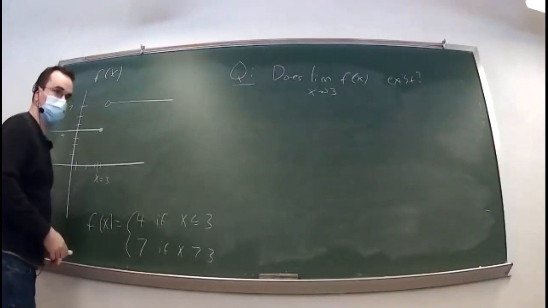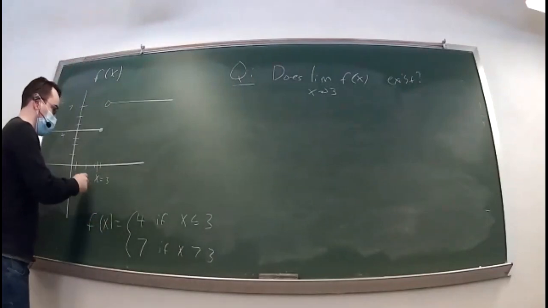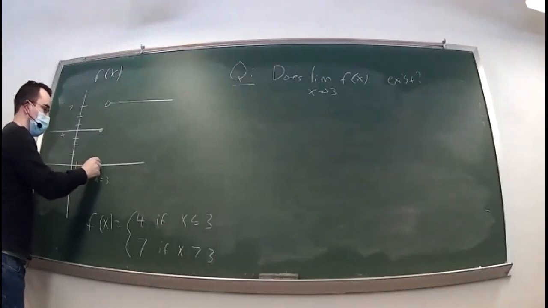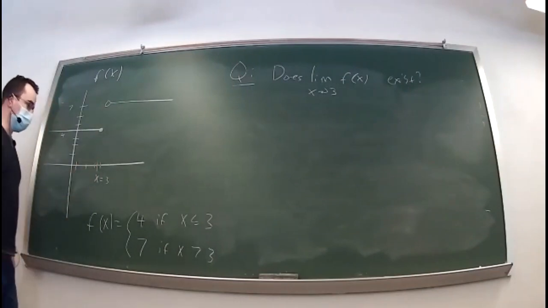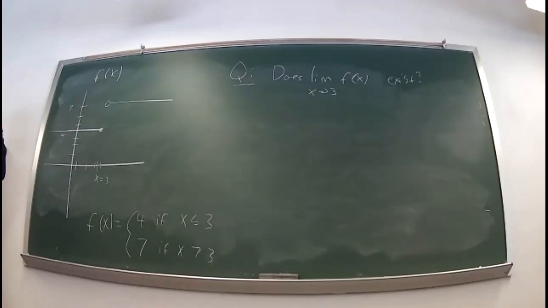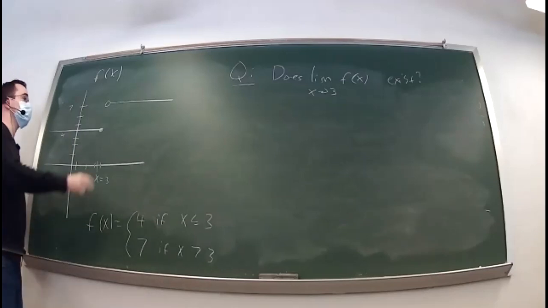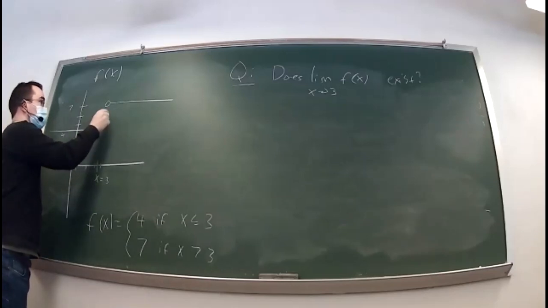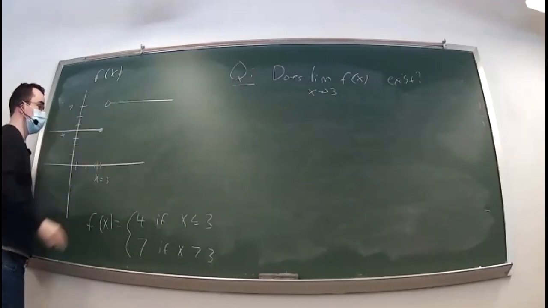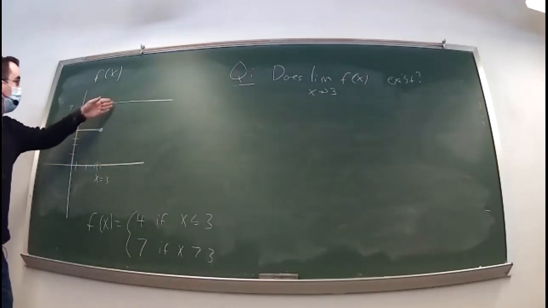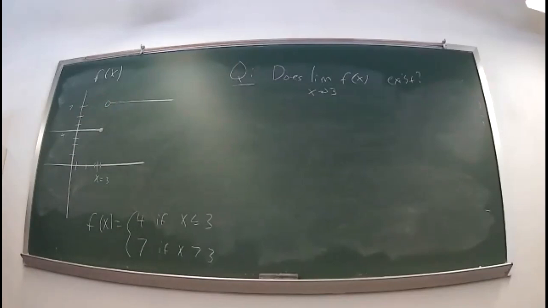So I'll highlight here the range of values in the domain that are very close to 3. And here's the corresponding values in the range. And some of those values are 4, and others of those values are 7.